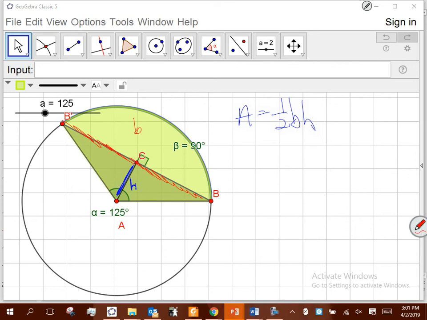For instance, in this picture, this would be another altitude, but that's going to be very difficult for us to find that distance. Does that make sense, everybody? This H is going to be easier to find on the inside, so that's the one we're going to focus on.